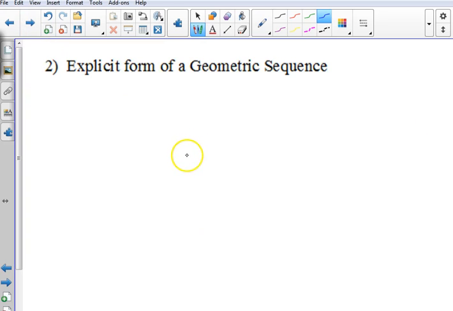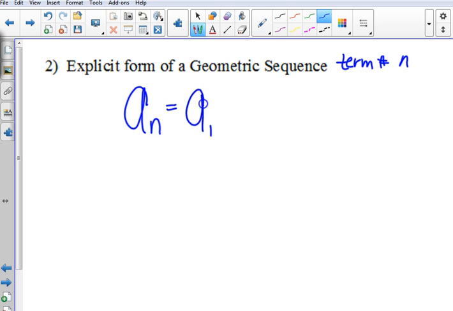All right, explicit form. Well, that's the one based on the term number. Okay, it's going to have an n when you're done. How do we do the old one? We said we take the first one and we add the difference n minus 1 times. This time you're going to take the first one and you're going to multiply.